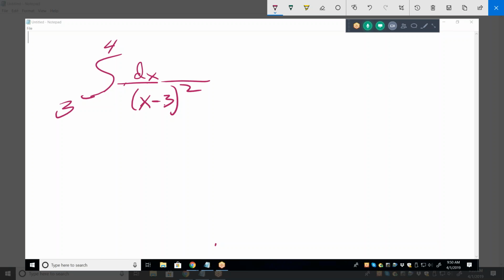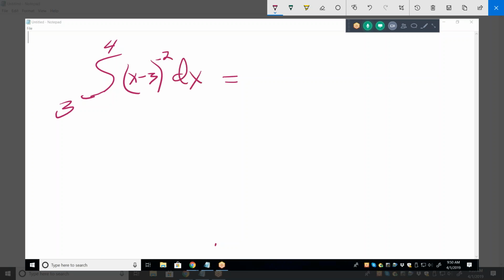Why can't we use the power rule on this? Let's write it properly: x minus 3 to the minus 2 power dx.